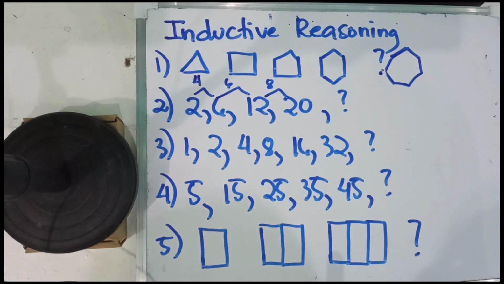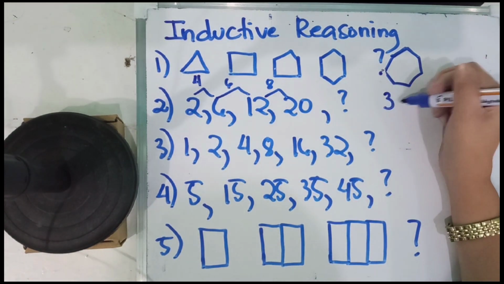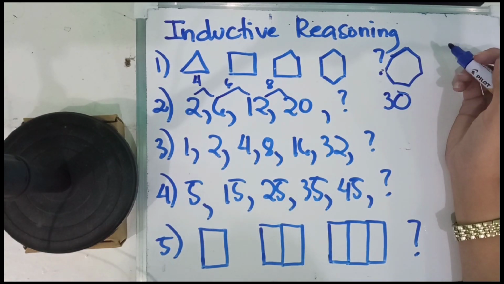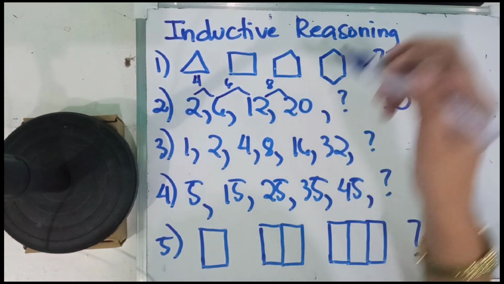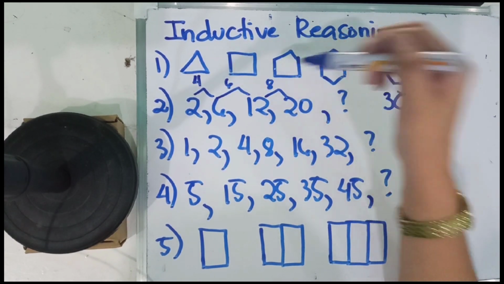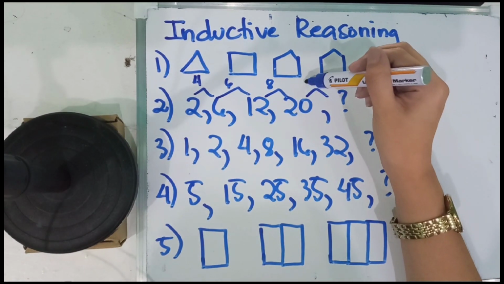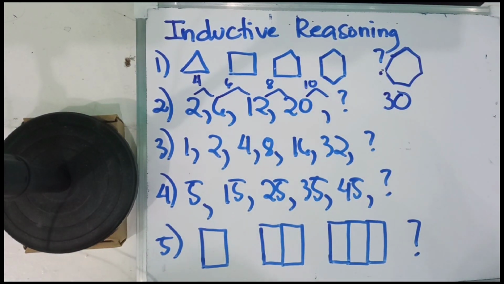So if your answer is 10, you're correct. Therefore, the missing term or the next term should be 30, because since the difference there is 4, the difference is 6, the difference is 8. From 20 to the next term, the difference should be 10. Okay?